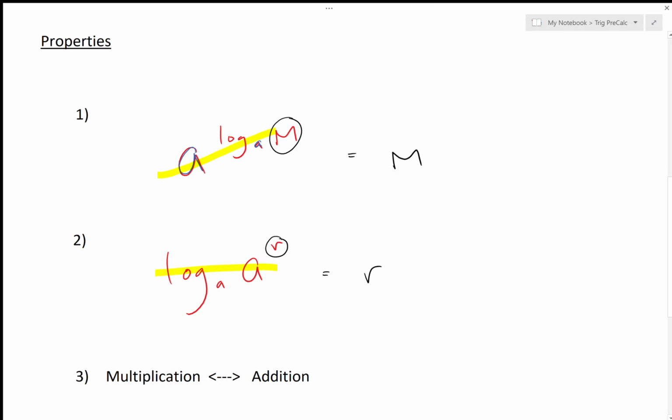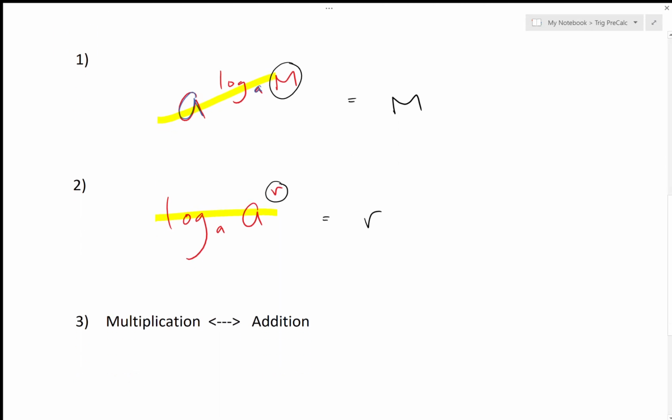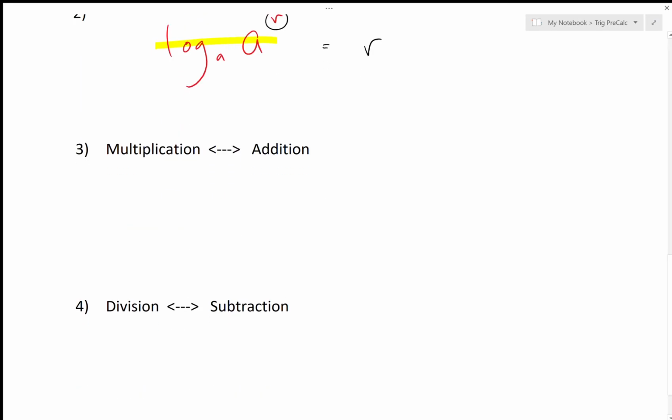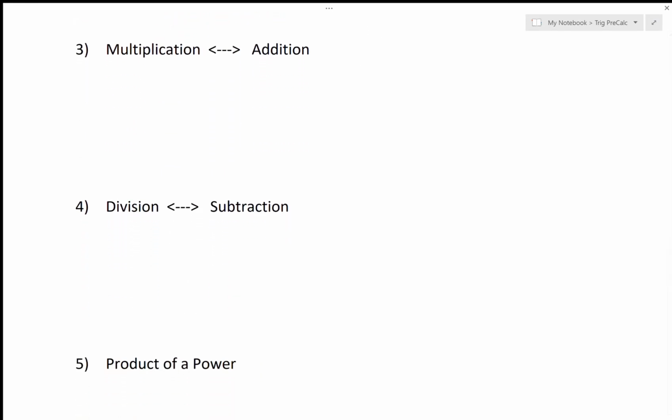A lot of the ones we're going to be seeing are these multiplication, division setups. So remember, multiplication and addition go together, and we'll see how that looks. If I've got log A of mn, this is the multiplication side, m times n.